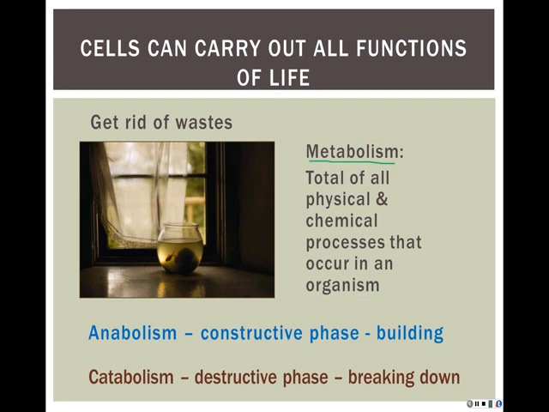Both are equally important in the body, and both are happening all of the time. So every single little cell is constantly having things it needs to build, which is called anabolism, or break down, called catabolism.